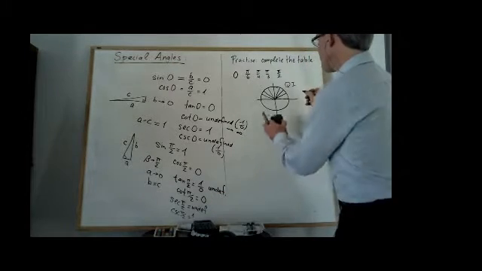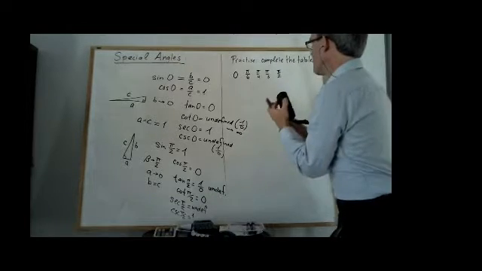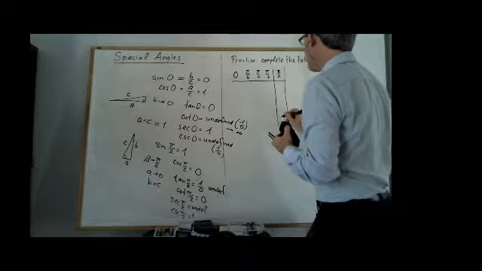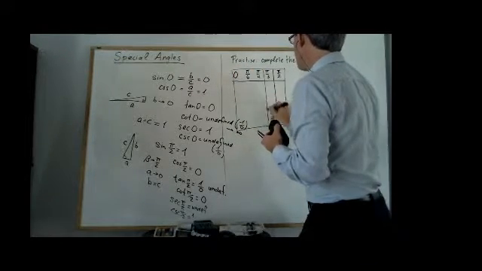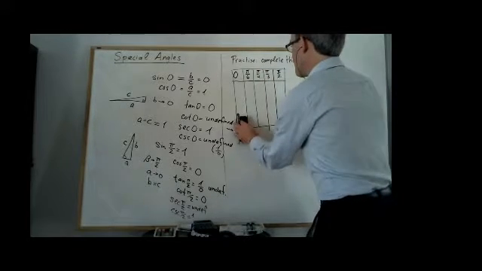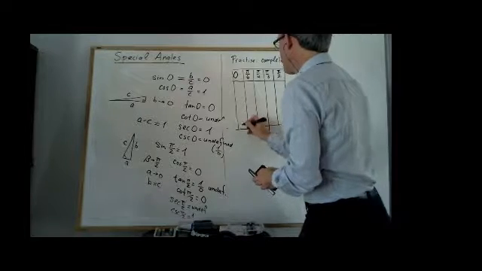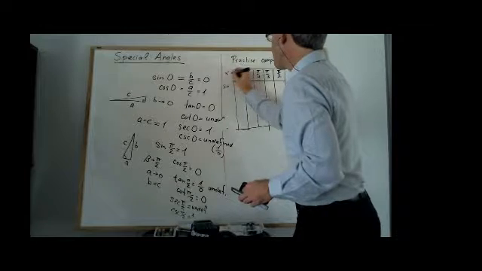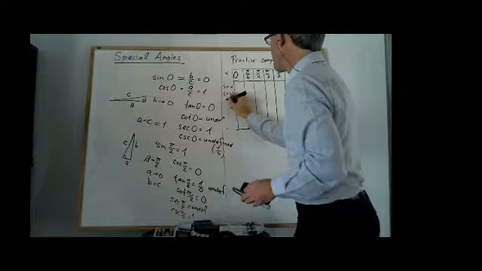Okay, so what you do is you write, the diagram is in the way here, so I'll just erase it. So this is my angle alpha, let's say, and the sine of alpha, cosine of alpha, tangent of alpha.